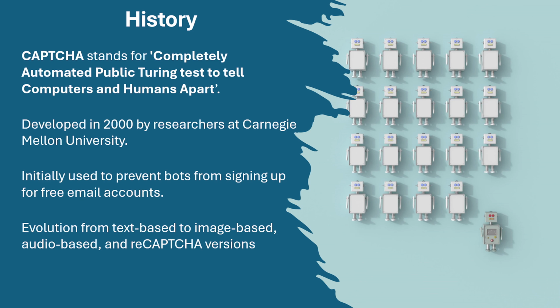This was in the early 2000s I'm talking about. In the year 2000, some developers from Carnegie Mellon University developed this CAPTCHA to stop the bots from automating or creating spam email addresses. The bots were being used to drive some data, but instead of doing the actual work, they also tried to do sign-ups from different email addresses or to create spam mail addresses.